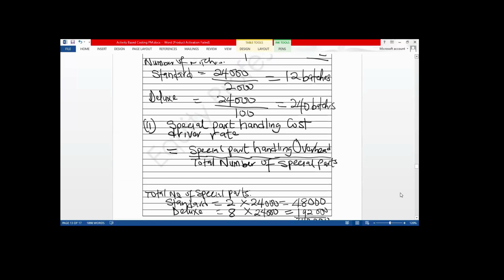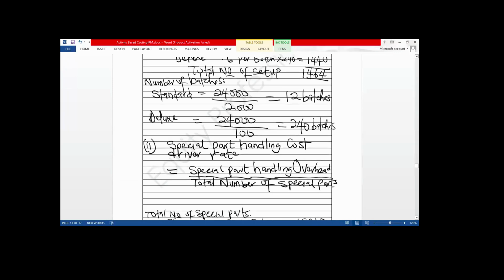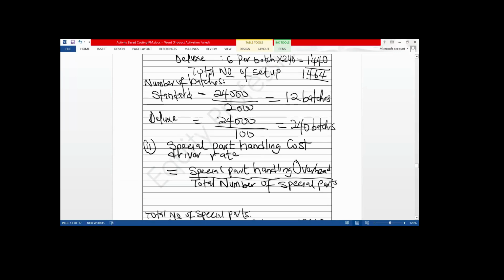For standard, we have 12 batches. For deluxe, we have 240 batches. You can sum this together. Number of batches, 252. Don't need to waste time here. Just pick your 252. Yes, Alexia.